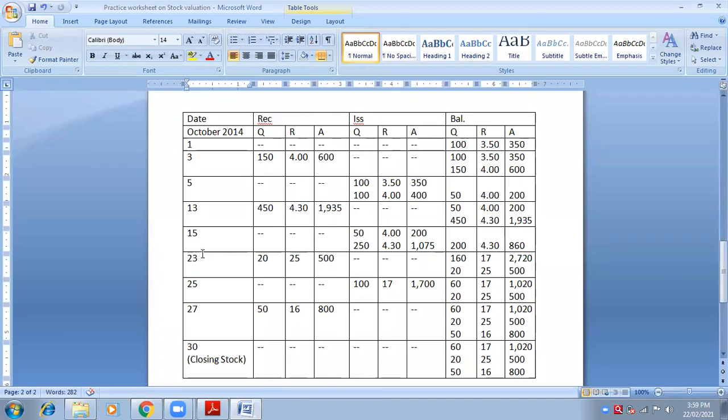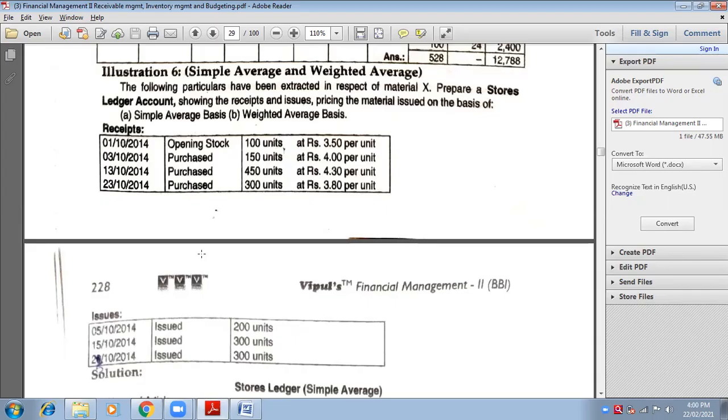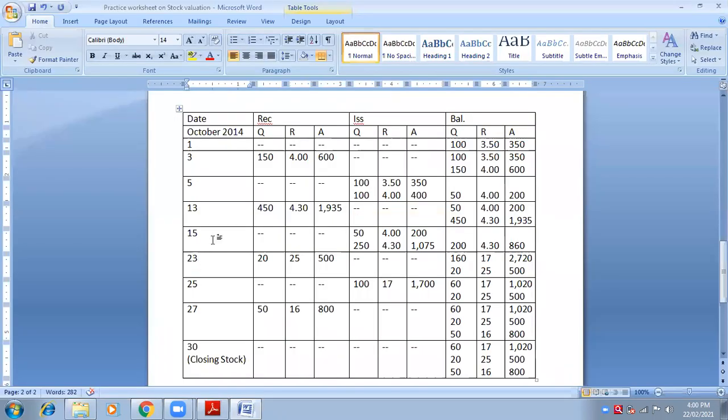What happens on 23? Purchase of 300 units at the rate 3.80. So, 300 in the receipt column, 3.80 rate column, and you tell me what will be the amount. Ma'am, 1140. Yes, this will be 1140.